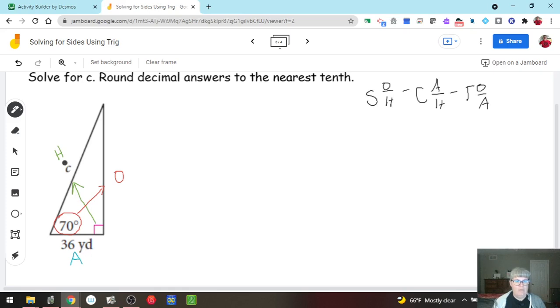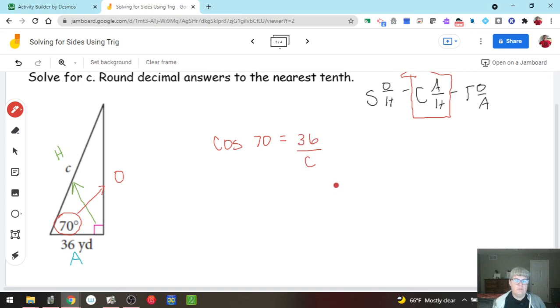So we have A and we're looking for H. The ratio that uses A and H is cosine. This is the one we want to use. So we look at what we have, and that's how we determine which ratio we're going to use. So we have cosine of 70 degrees equals, the adjacent is 36, over c.